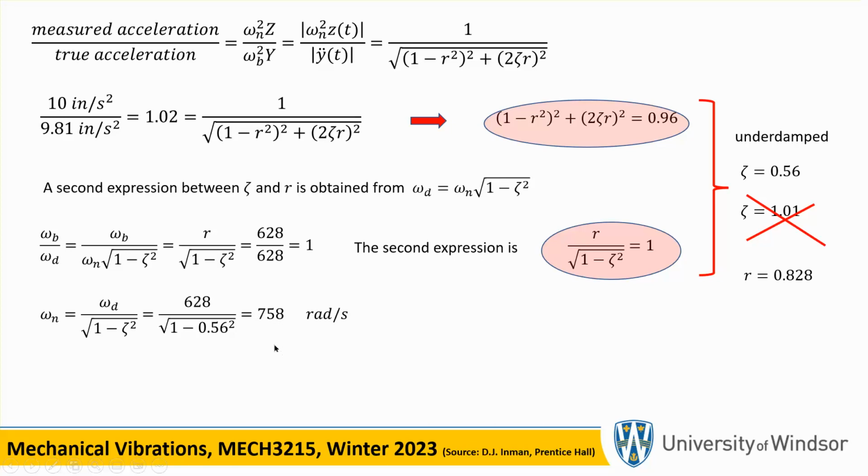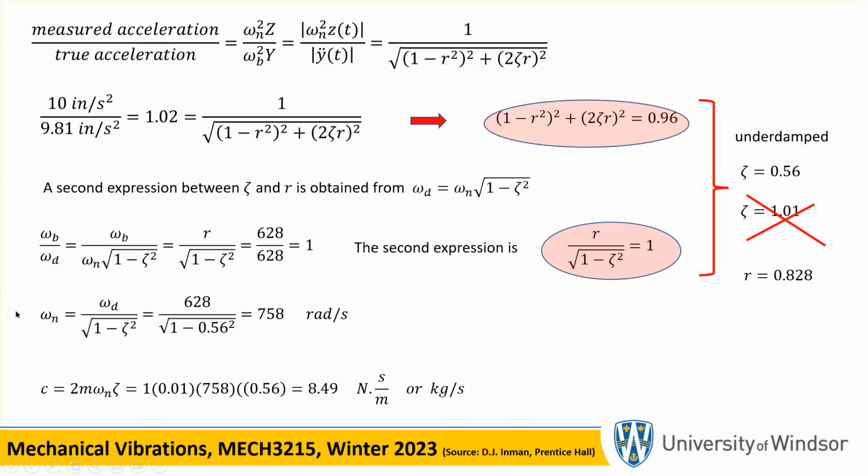Remember, you need this in order to predict acceleration, because the true acceleration is omega n squared times the big Z, and big Z is what's coming out as a voltage output.